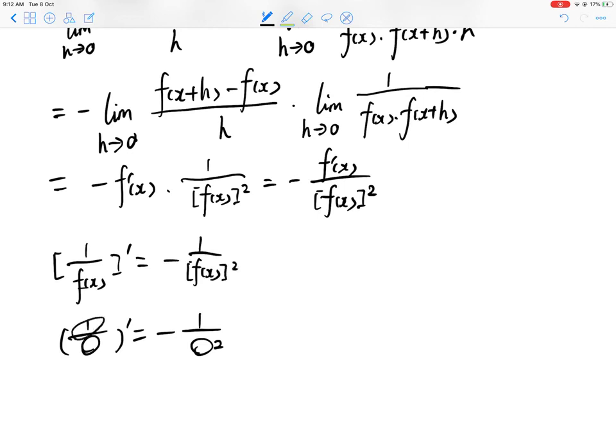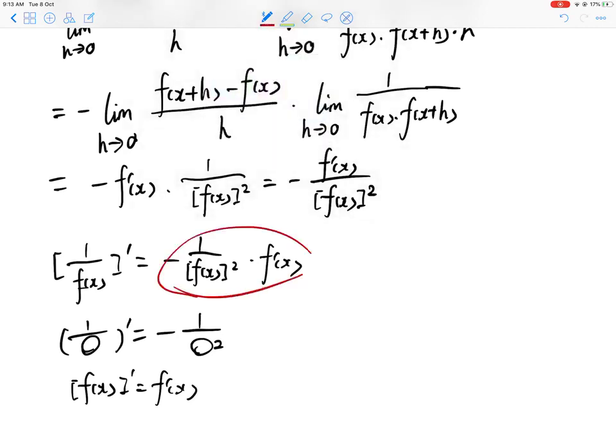Then you ignore this part, so it's just the bottom part. What is f(x)'s derivative? It's just f prime x. Then you multiply them, and that is the result. So the chain rule's result is the same as the result derived from the definition. Okay, so that's for problem 1.